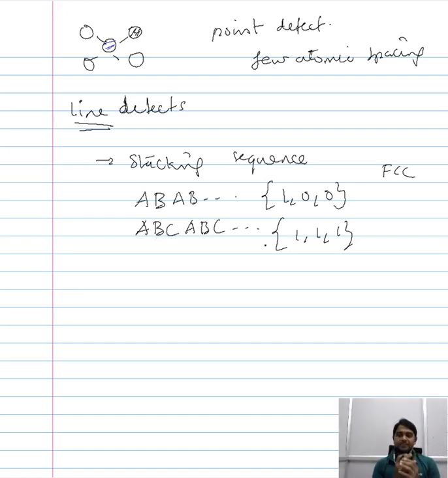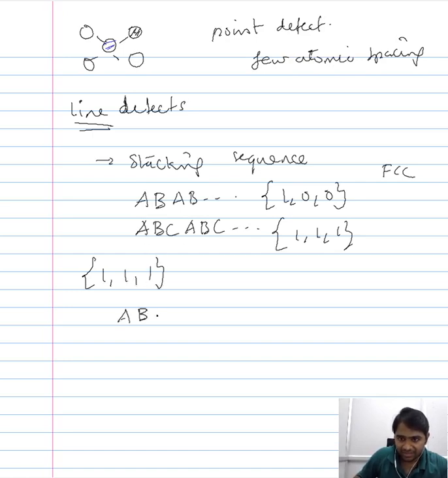Now, supposing we are focused on the stacking of atoms along the 1, 1, 1 family of planes, the second layer of atoms along this particular plane should be different from the first layer, and the third layer of atoms should be different from both the first and the second. So this characterizes the stacking sequence of atoms in FCC along the 111 plane.